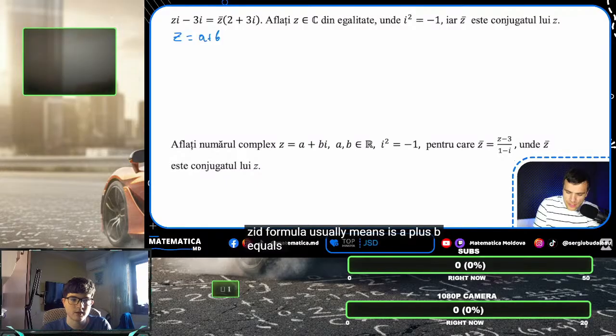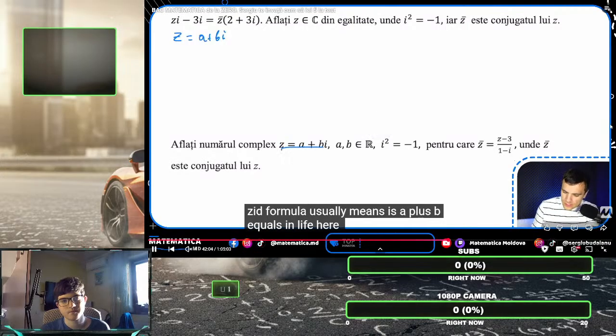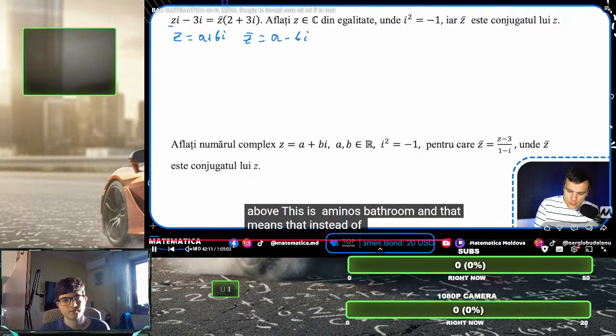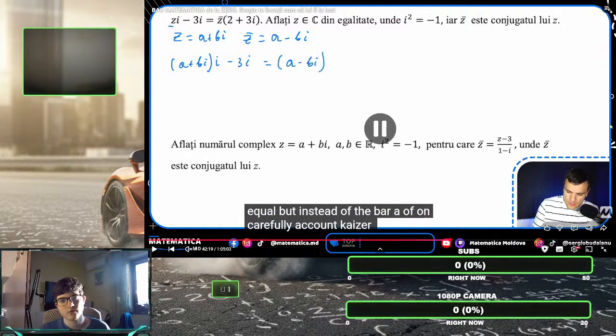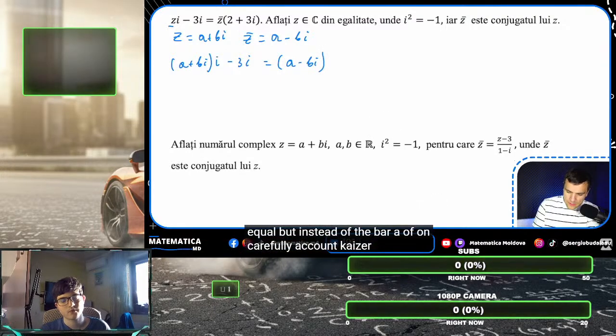z is a plus b. I think he wrote down some typical formula. Oh, so z with a line on top essentially just flips the sign within the parentheses or stuff like that.